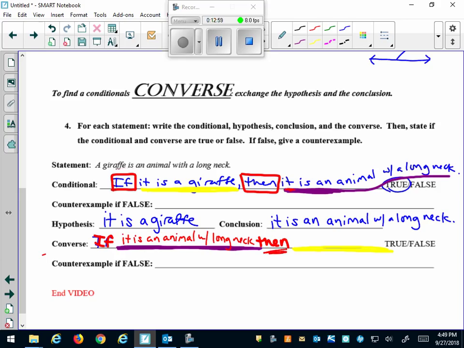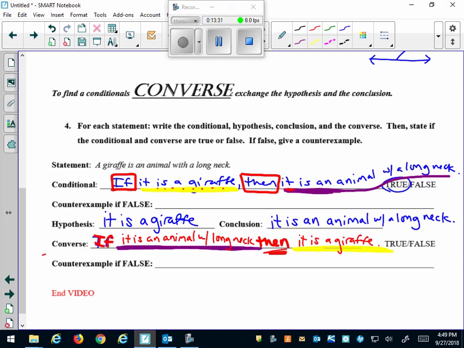Then, okay, so now we're going to take this one and put it over here. It is a giraffe. So our original conditional was, if it is a giraffe, then it's an animal with a long neck. And now the converse is, if it is an animal with a long neck, then it is a giraffe.